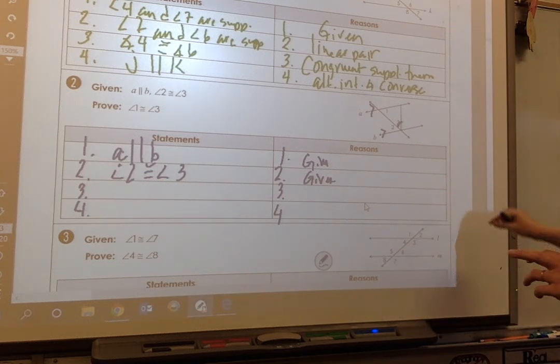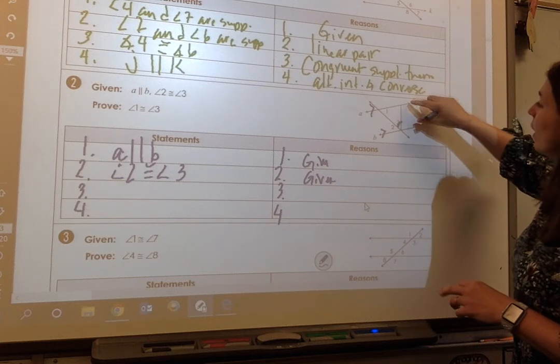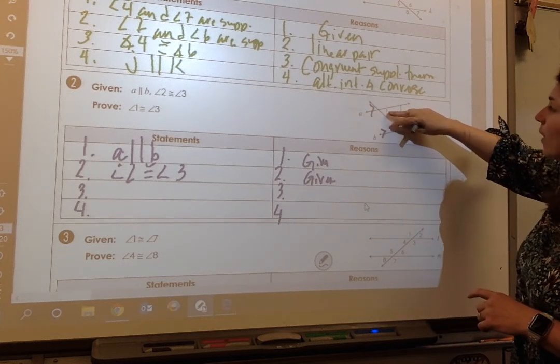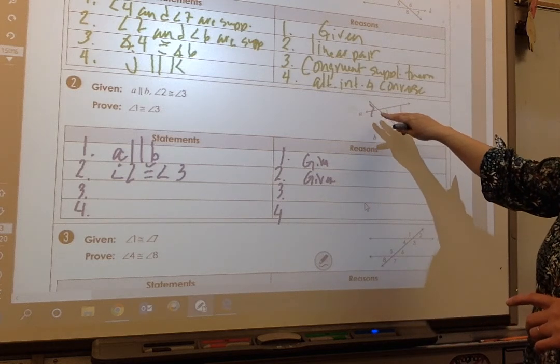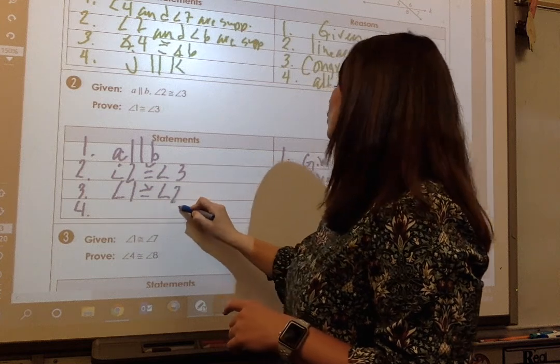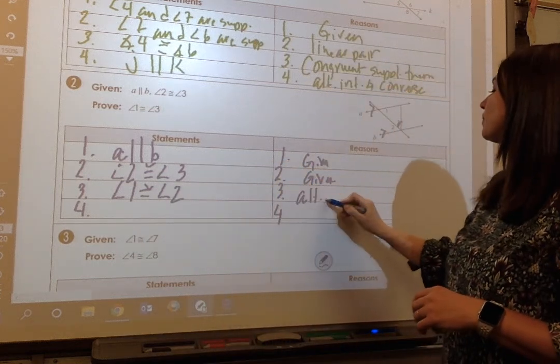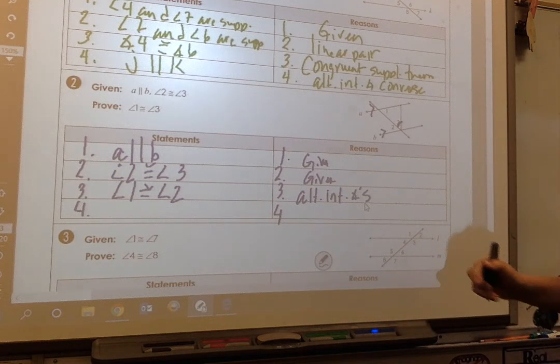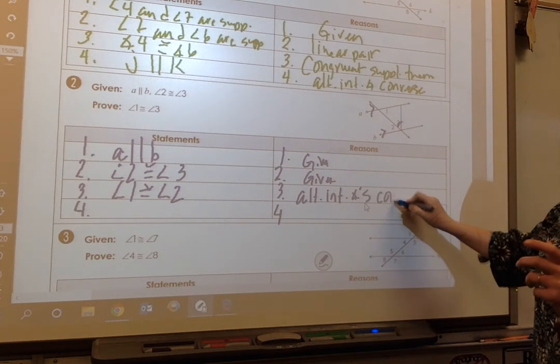Now if I know that these are parallel, and I know 2 is congruent to 3, then because these are parallel, angle 2 and angle 1 are going to be congruent. Angle 1 is congruent to angle 2 because of alternate interior angles converse.